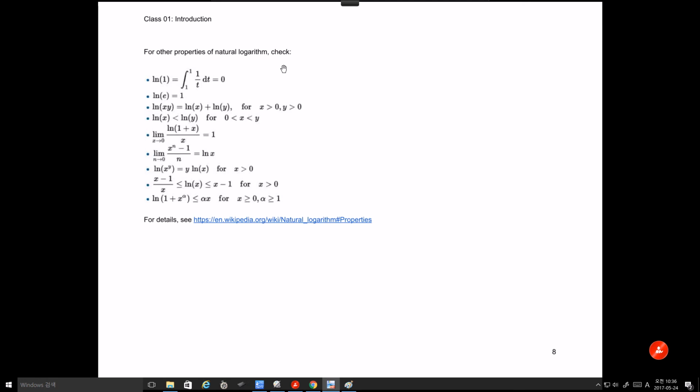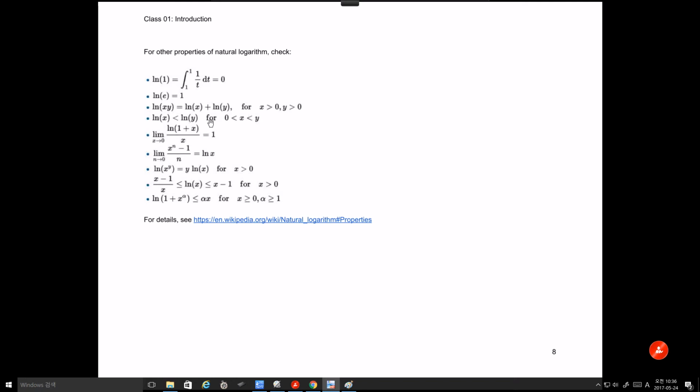For other properties of the natural logarithm, log 1 is of course 0 because it is the integration from 1 to 1. Log e is 1, by the definition of the log function. And because we know the exponential and log functions are inverse functions of each other, it is straightforward, and we just proved this one.